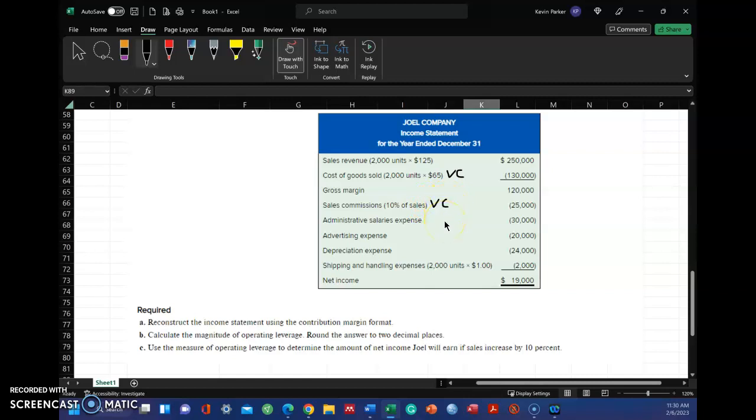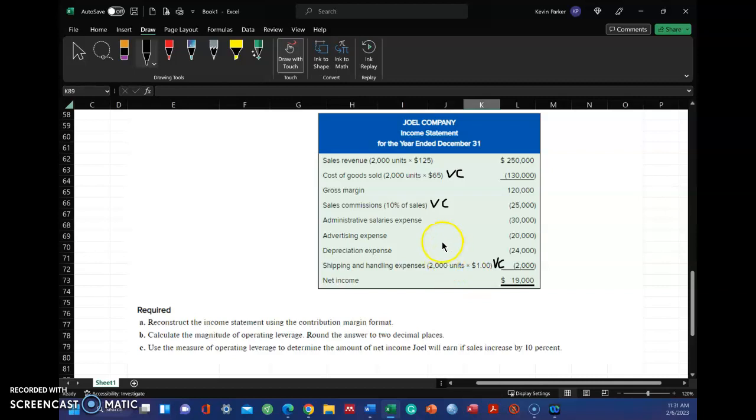Just think about it. Cost of goods sold. We don't sell anything. What's our cost of goods sold? 0. Sales commissions. We don't sell anything. What's our cost? 0. Okay? And then shipping and handling would be the same concept. If we don't sell anything, then we don't ship. And that would be 0. So volume 0, it would be 0. Easy way to think about that.